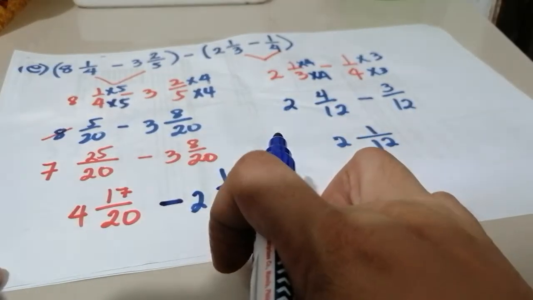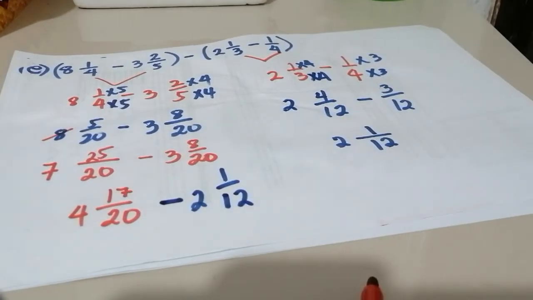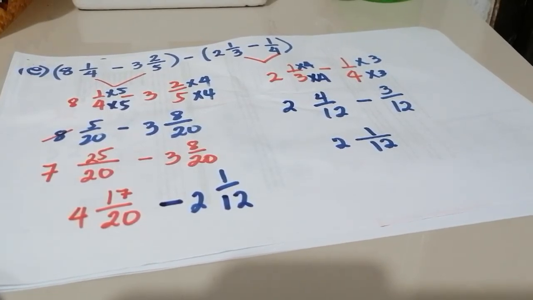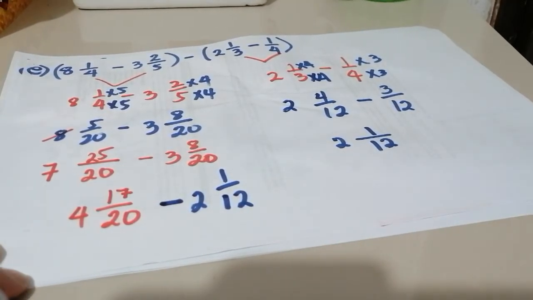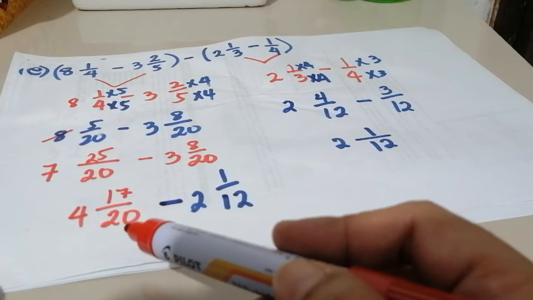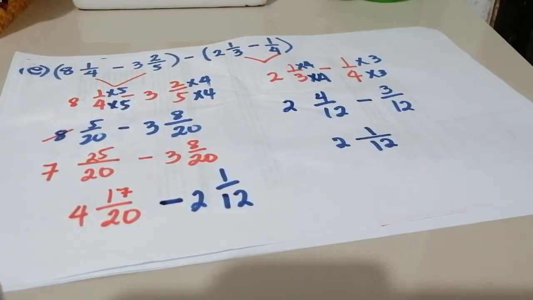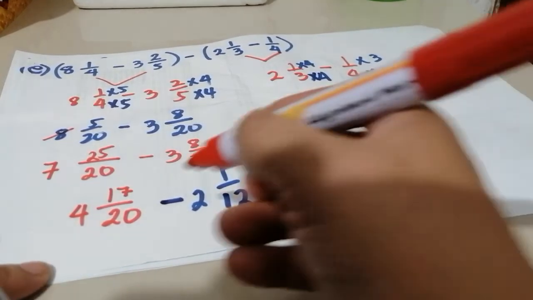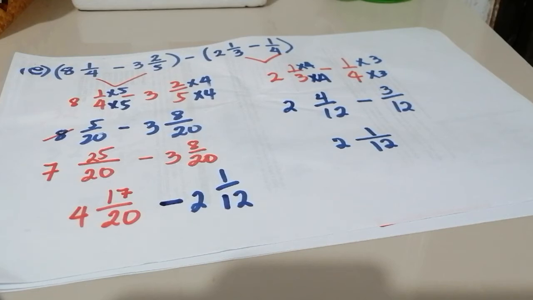We can now subtract that, but first, since the denominators are not the same, we can now make the denominator the same by getting the LCD of the denominators 20 and 12. Okay, so if we skip count by 20 and 12, the first multiple na pareho sila ay 60.